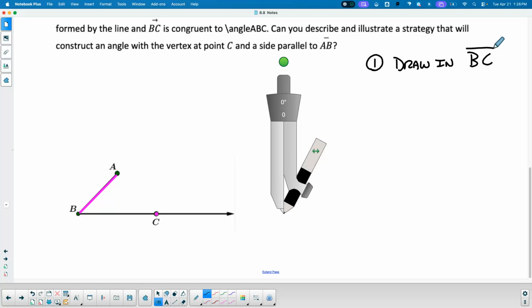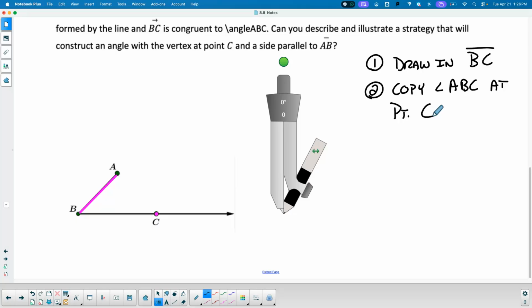The next thing that we're going to do then is we are going to copy angle ABC at point C. So we're going to copy this angle here at point C.